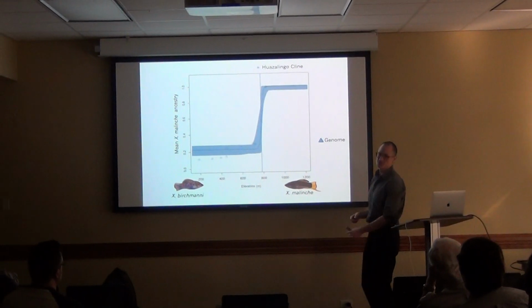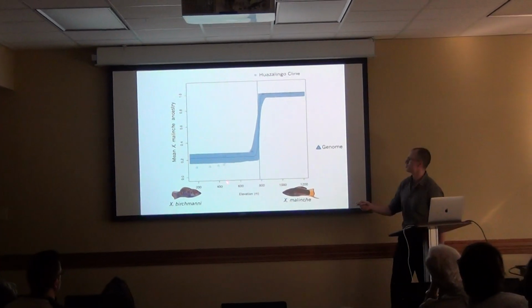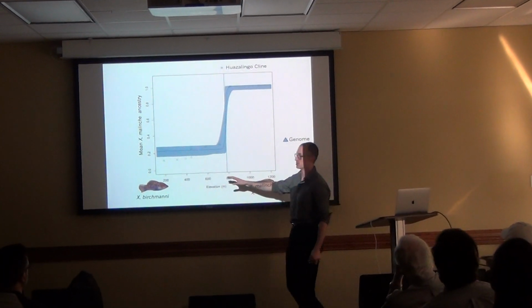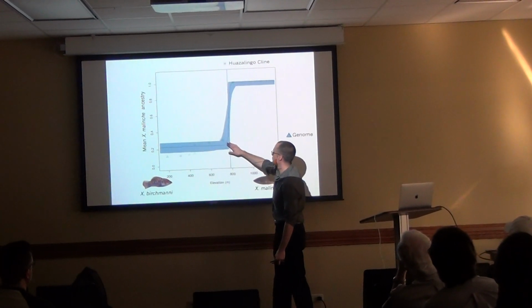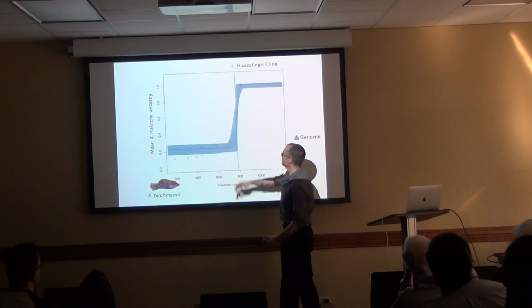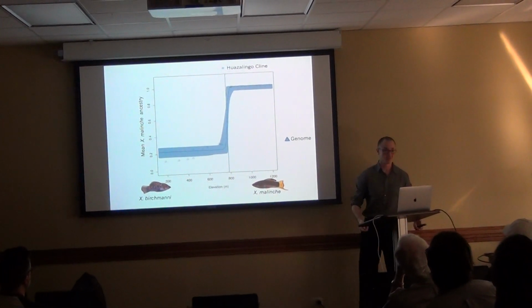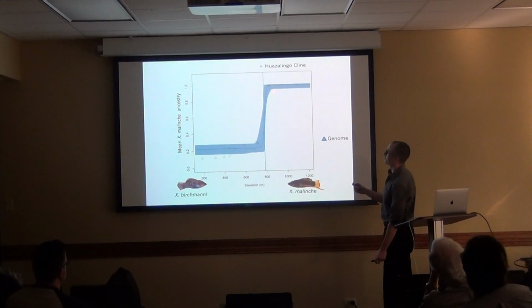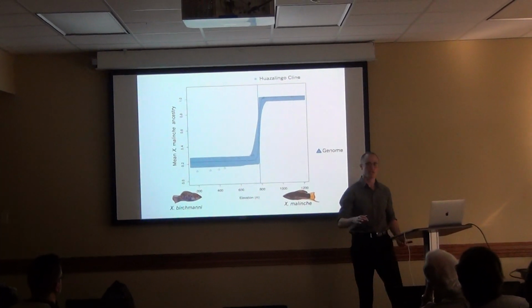And the first thing that shows is this very drastic change in the whole genome ancestry. From 30% within 1 or 2 kilometers, it goes all the way to 89%.